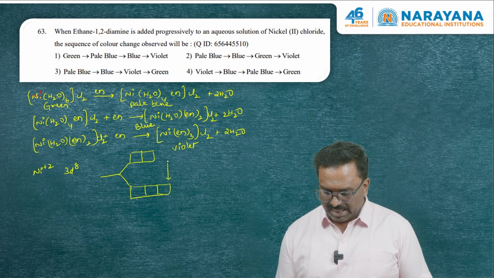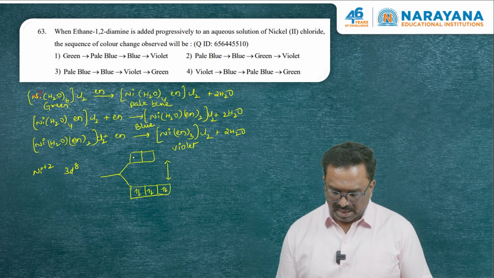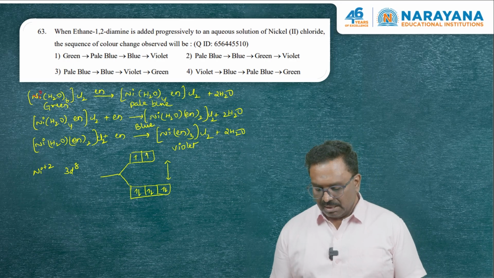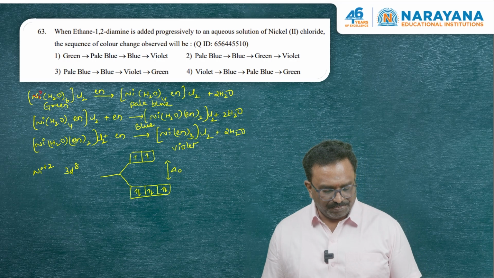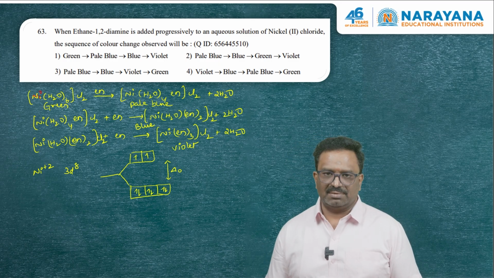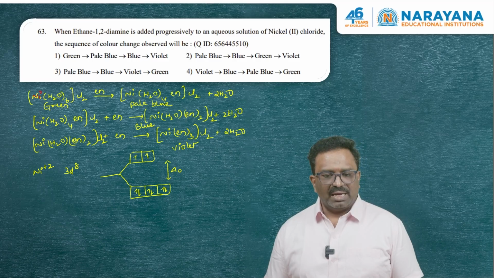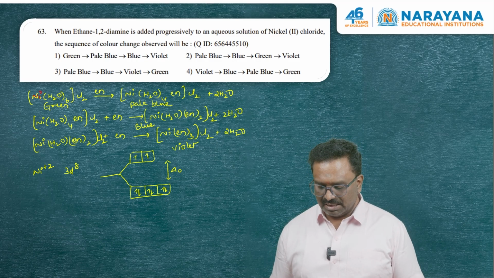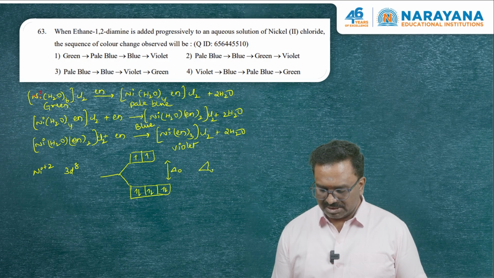The splitting energy for these 8 electrons, those are distributed here. The delta O gradually changes by change in the ligand. The ligand strength is increasing here. Ethylene diamine is a strong ligand. When the strength of ligand increases, the delta O, that is splitting energy, is gradually increased here.